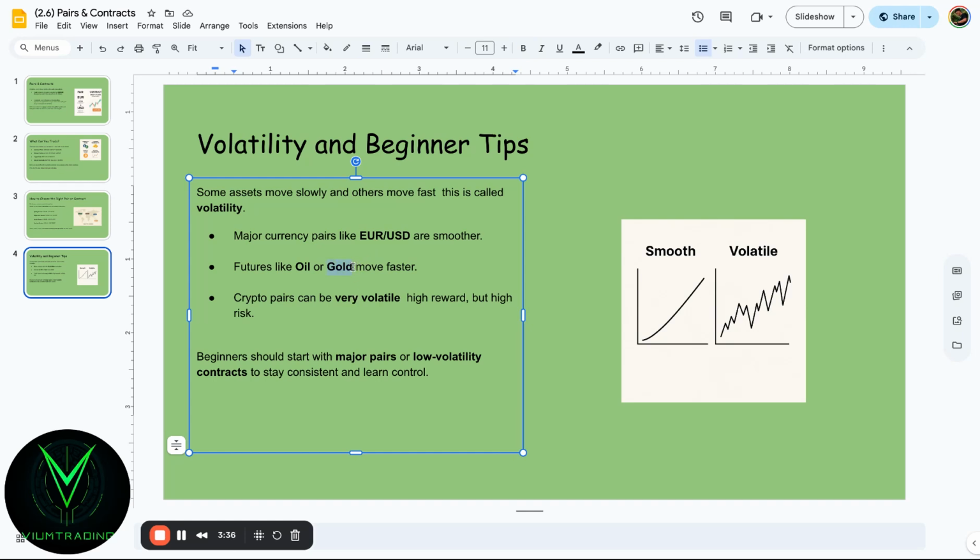So I suggest people not start with that, as always. But everybody with me in my academy, we just go ahead and start with gold. We start with the minis, which is the smallest contract inside the big one, which doesn't move as volatile as the normal GC.